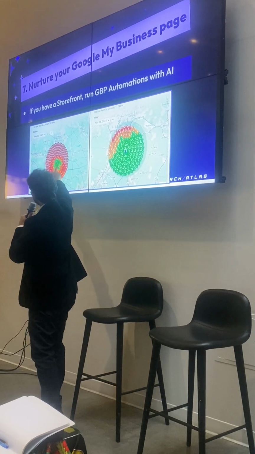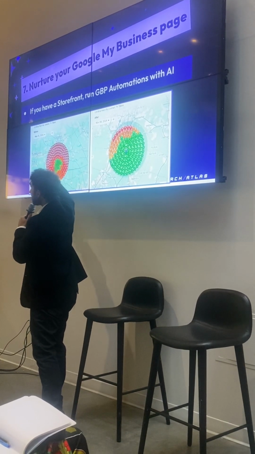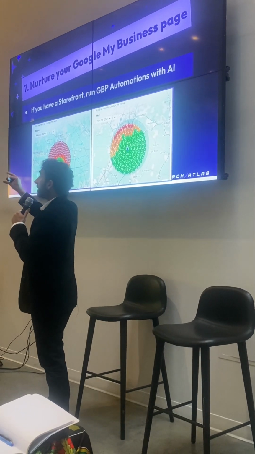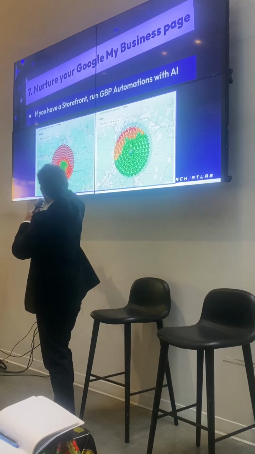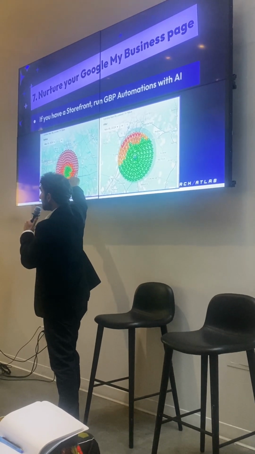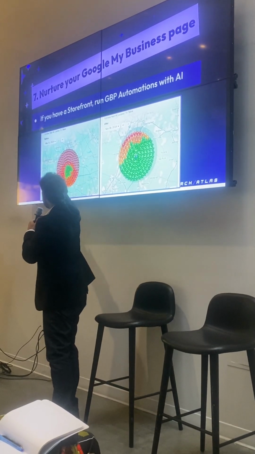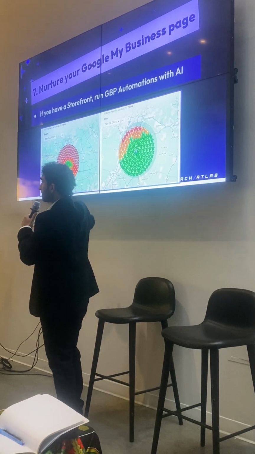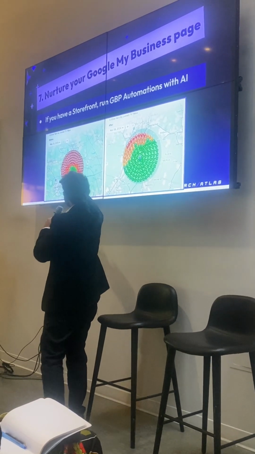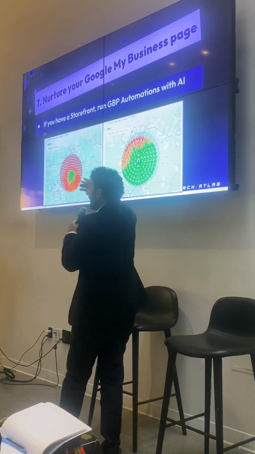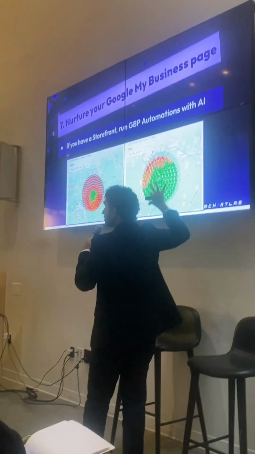Let me explain one more time. If you were standing right here and you typed in drug rehab into Google Maps, this business would be the first thing you saw. But if you were standing over here, if you lived in this part of town or that part of town, these guys are nowhere to be found. When you optimize the Google My Business, you begin to rank in a way larger region.